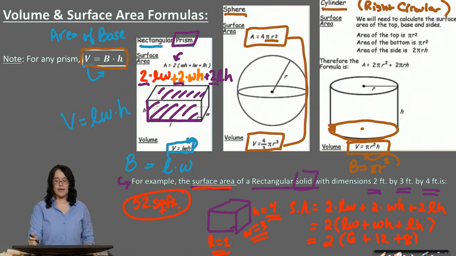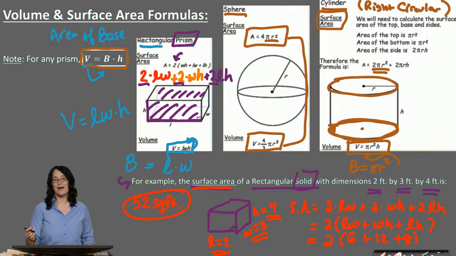Now, as far as the surface area formula is concerned, how much, in this case, aluminum, let's say, for your can of soup would be necessary to cover and to create the actual cylinder, okay? Well, you would need to have the area of the circular base on top, the area of the circular base at the bottom, and we know each of those areas was pi r squared. So if there's two of them, you have 2 pi r squared, 2 copies of that area.